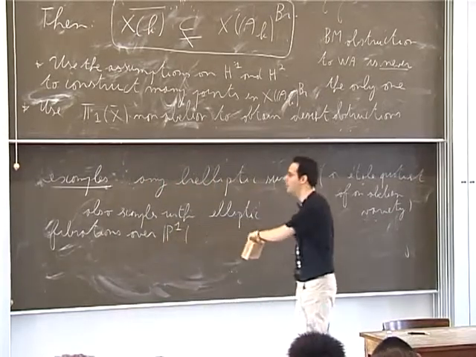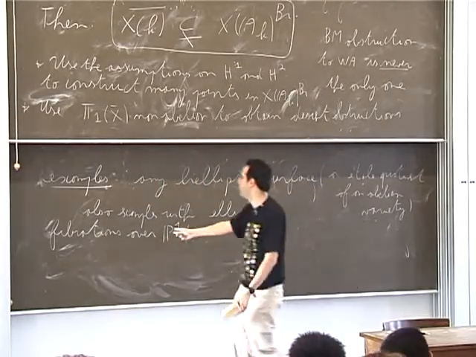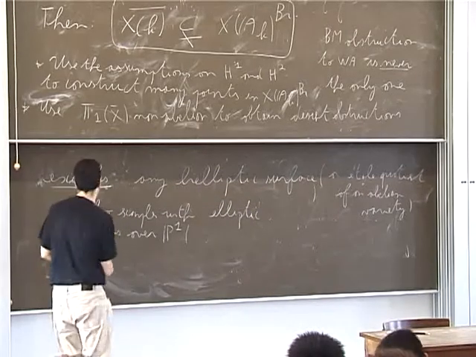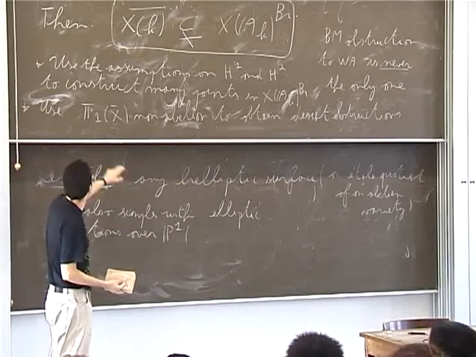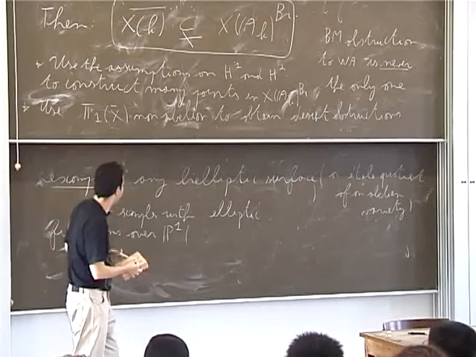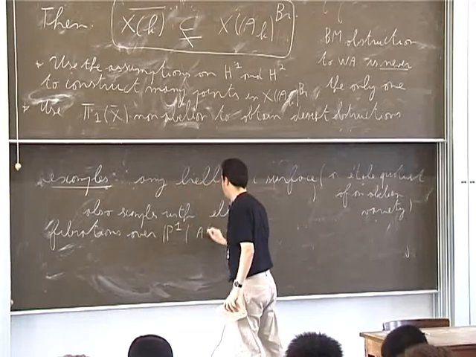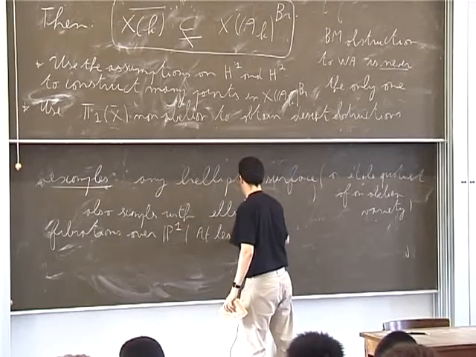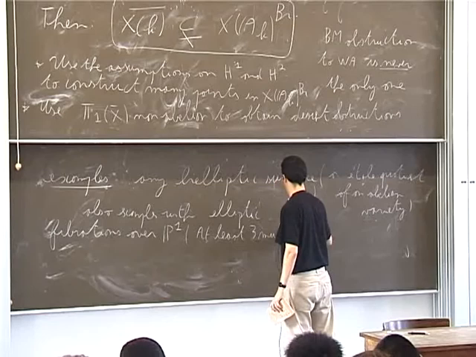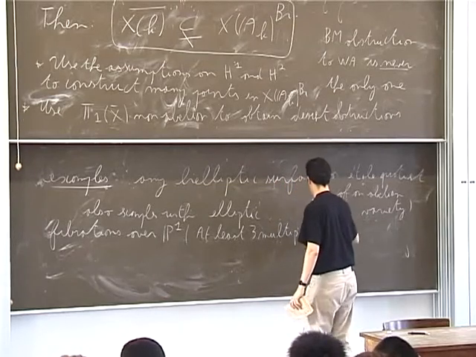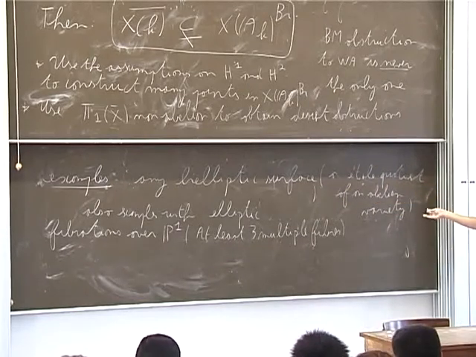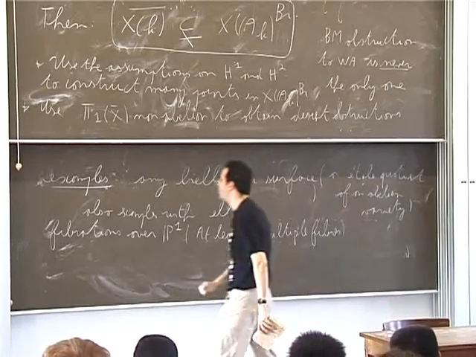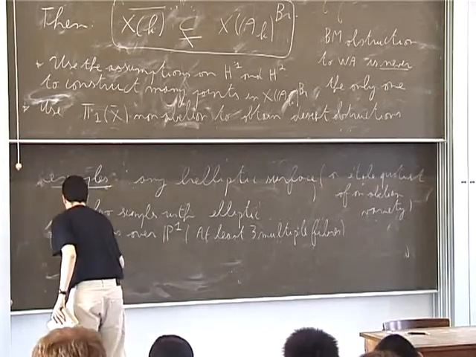But here you take special fibrations with H1 and H2 zero, and the condition for this group being non-abelian is that there should be at least 3 multiple fibers. So the bielliptic surface corresponds to the case when you have 4 double fibers.